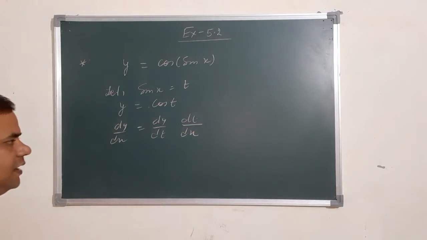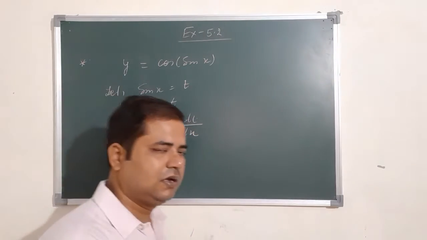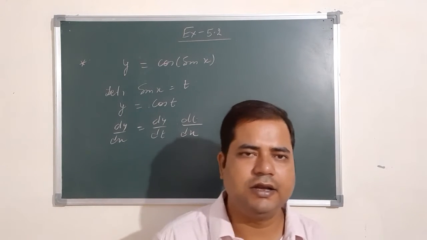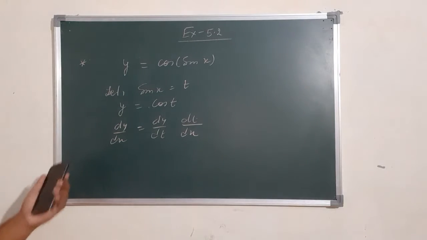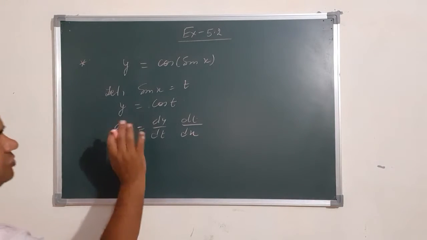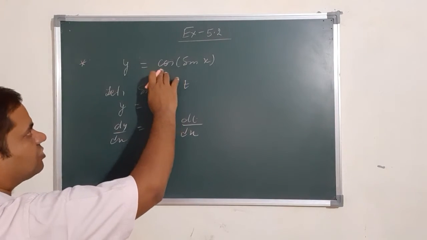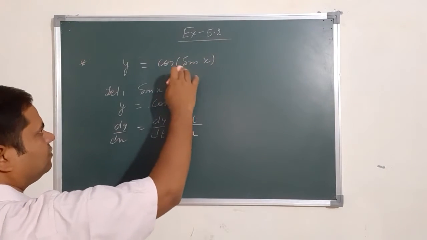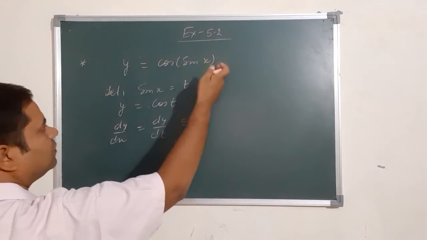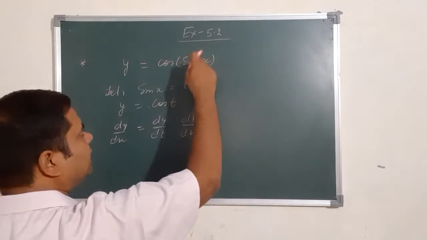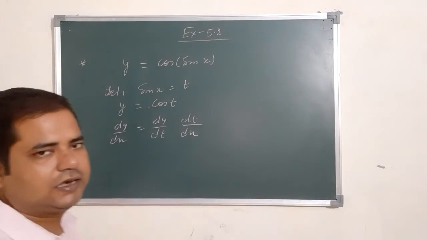Afterwards we use the chain rule directly. So in the first two or three questions we have to use this step. Afterwards, directly we use that dy by dx is cos of sin x, supposing sin x to be t, then differentiation of cos is minus sin, then dy by dx of sin x is cos x.